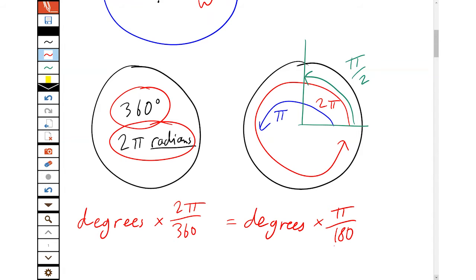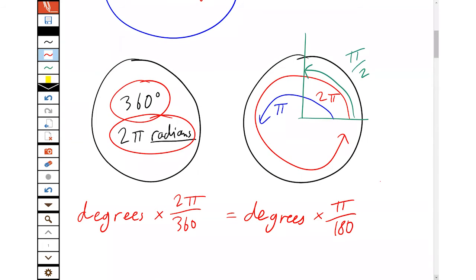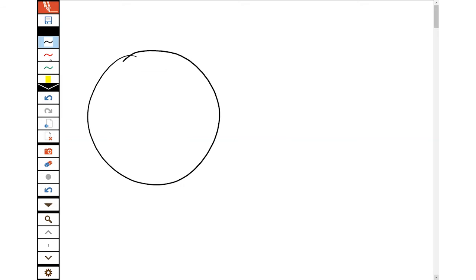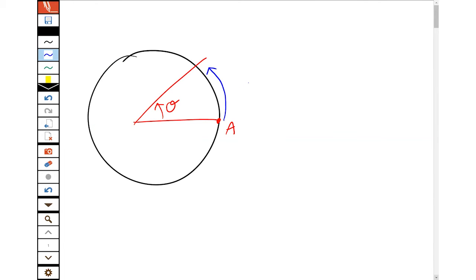Now, why would we bother learning a new unit if we already know degrees? Well, because these radians do something very useful. The idea is, if we have a point A and it rotates a certain angle in radians, well, now I can find the linear distance moved is just the radius of A times that angle.